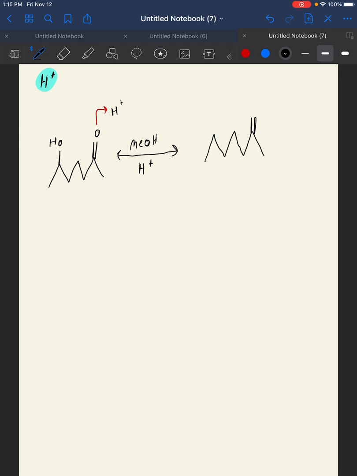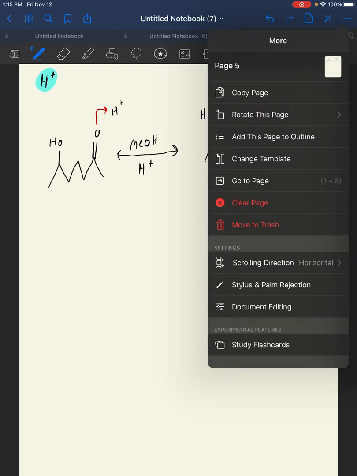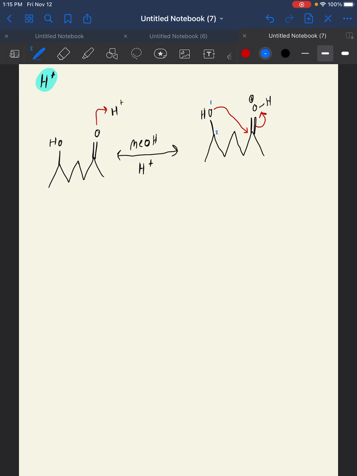And the first step is this. However, once we resonate up, the oxygen can come in and attack. 1, 2, 3, 4, 5, 6.